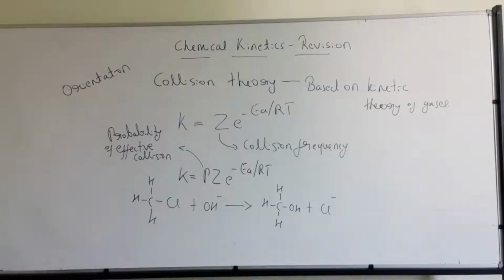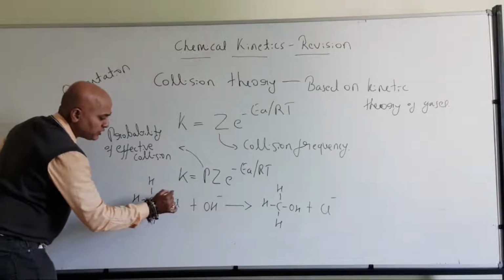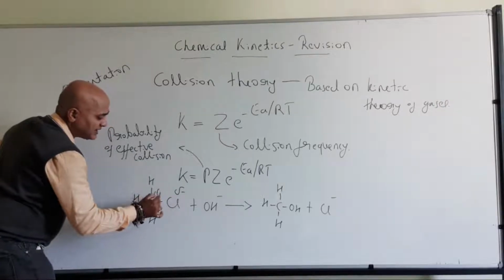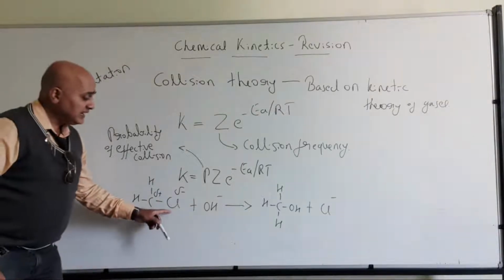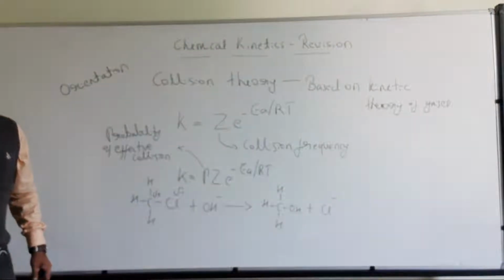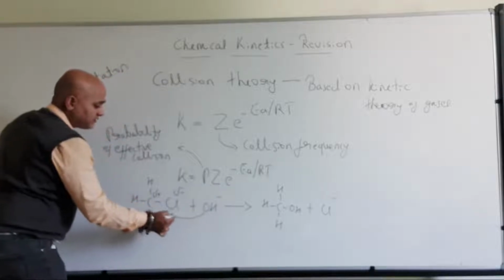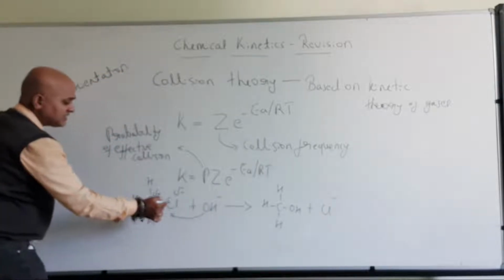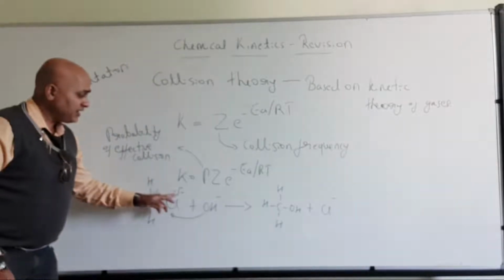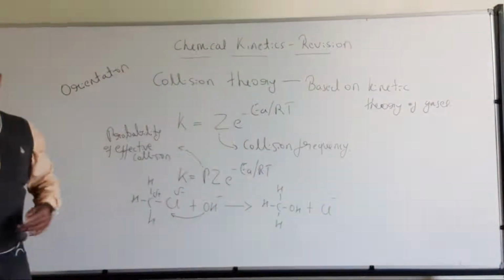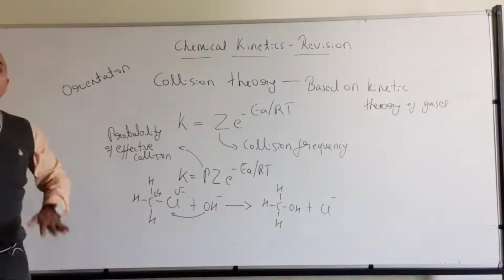If I focus on this molecule, it will have delta negative, delta positive. Dipolarity is there due to the electronegative character of chlorine. Now, if the collision happens in this direction, if OH minus starts attacking in this direction, there will be repulsion, because negative and negative repel each other. So when OH minus approaches from this direction, no product will be formed.